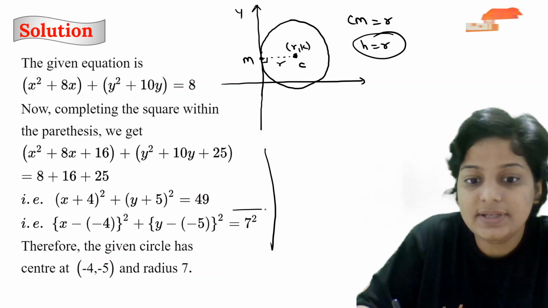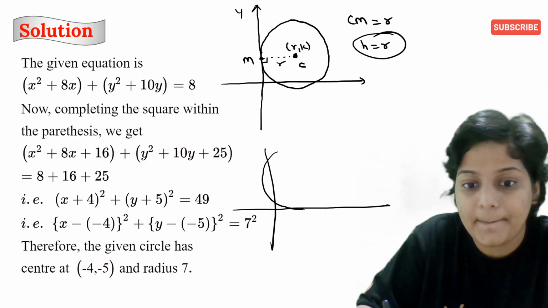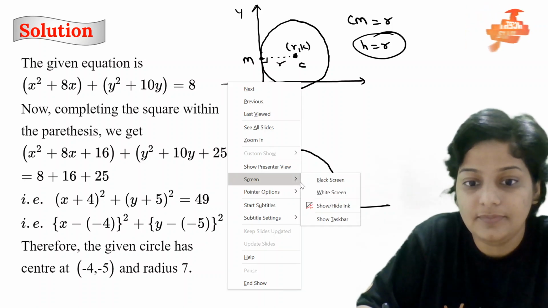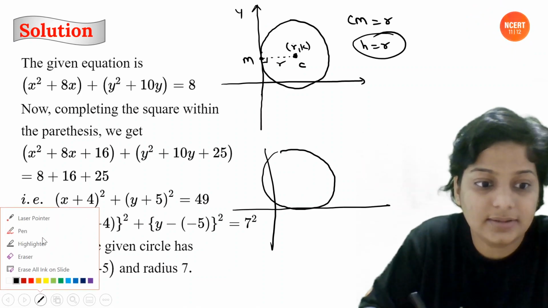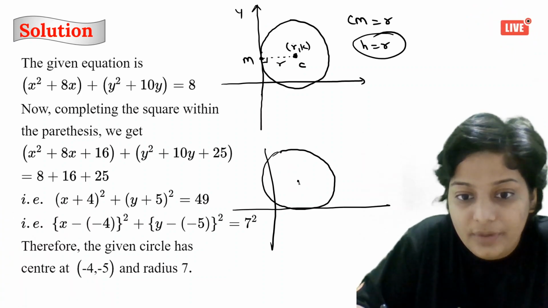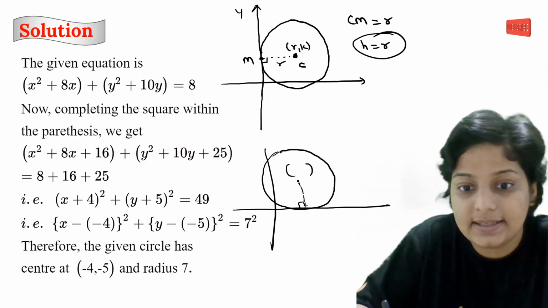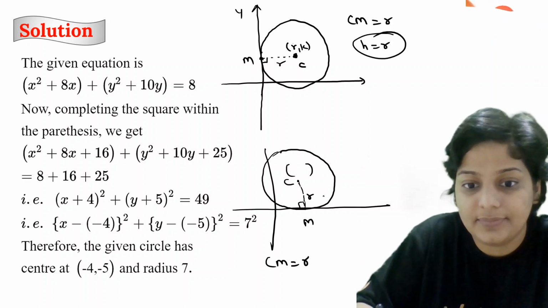Similarly, we can have a scenario where the circle is touching the x-axis. Something like this. So now if you try to calculate what will be the center, this distance, let's say cm, your cm is the radius as usual.